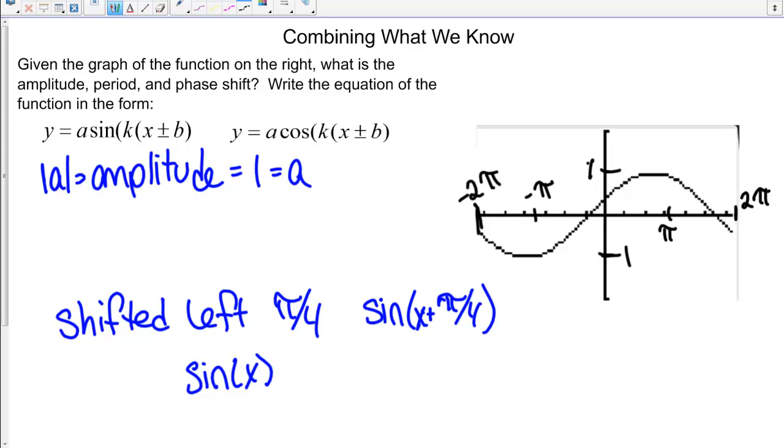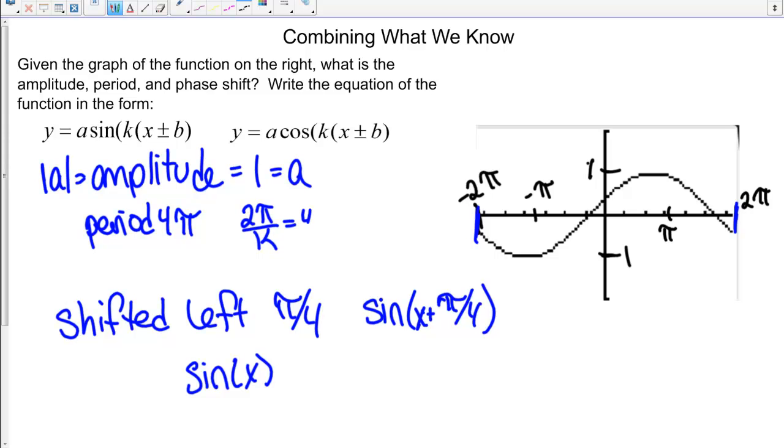And then we still have, looking at our change in period, going from -2 pi to 2 pi is 1 period. So our period is 4 pi, but we're not done. That's not k, because remember that our period is 2 pi over k.